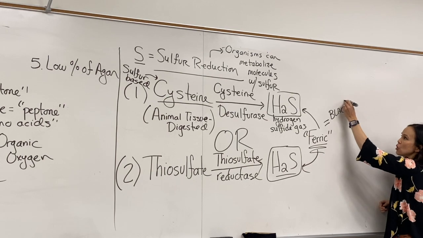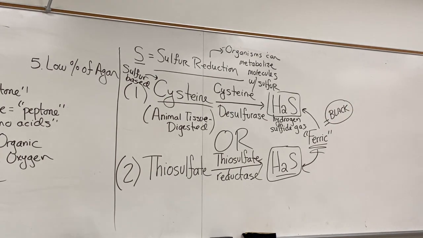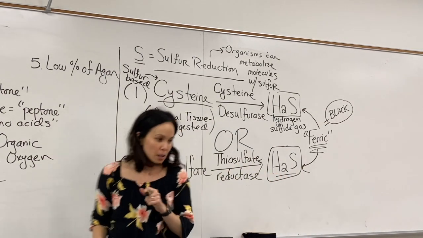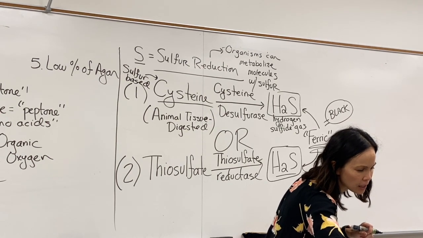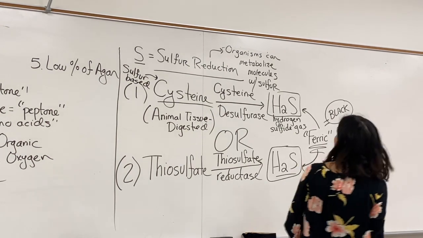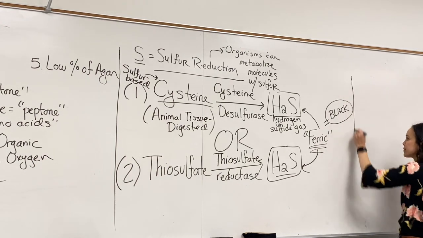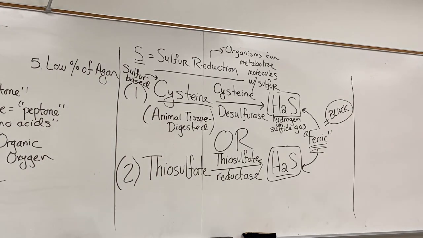So at least the good part is it doesn't matter what lab we look for hydrogen sulfide gas in. We always get black, right? So that part doesn't change. So we have that. So that's the S component.